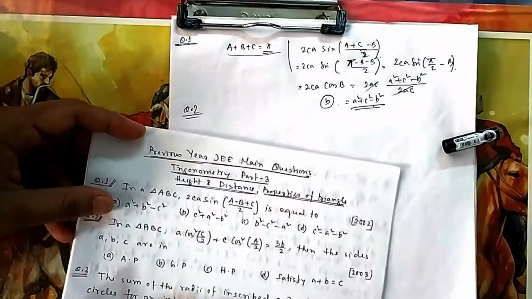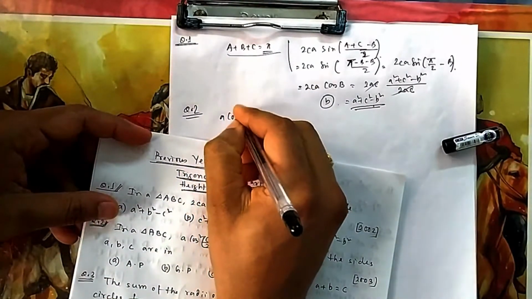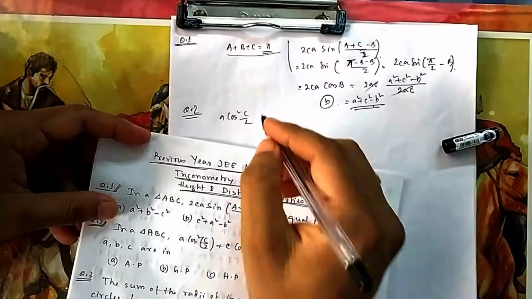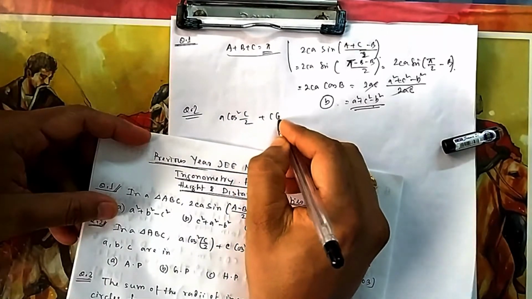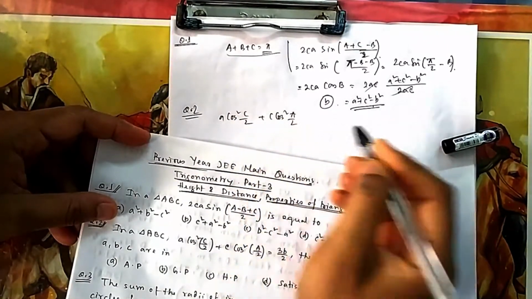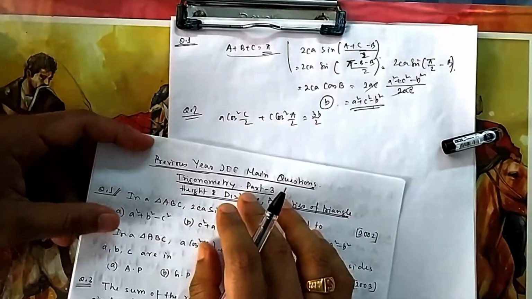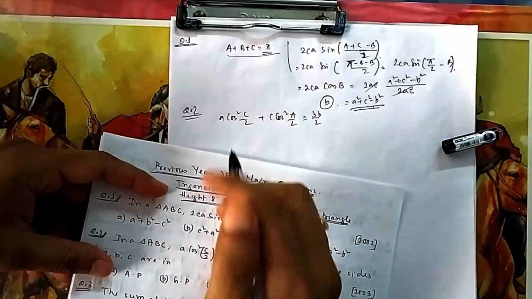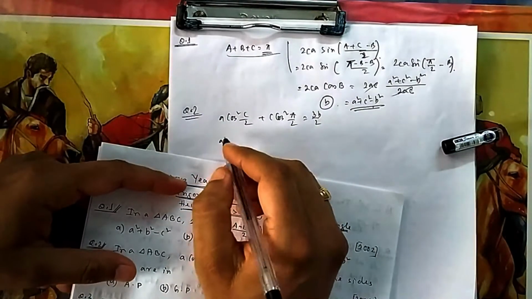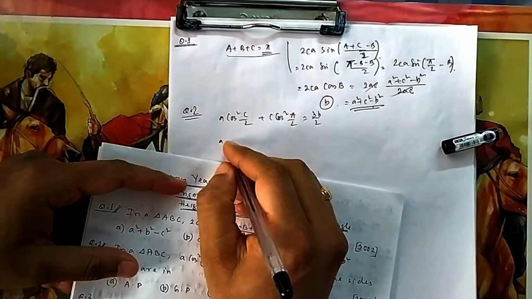Okay, so in number 2, A cos²(C/2) plus C cos²(A/2) is equal to 3B/2. Now you know the half-angle formula for cos(C/2) and cos(A/2). There was an under-root, but because it is squared, the root will not be there.